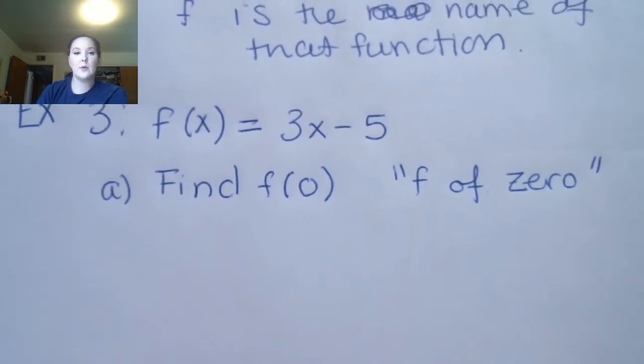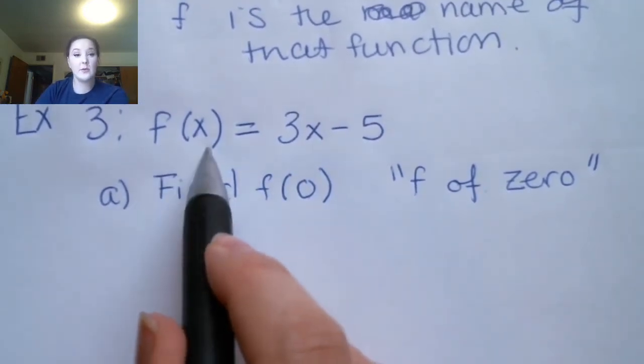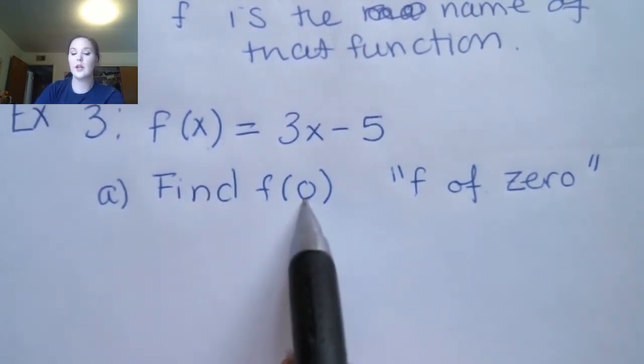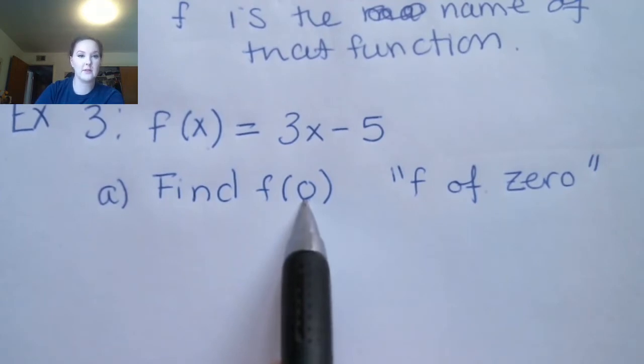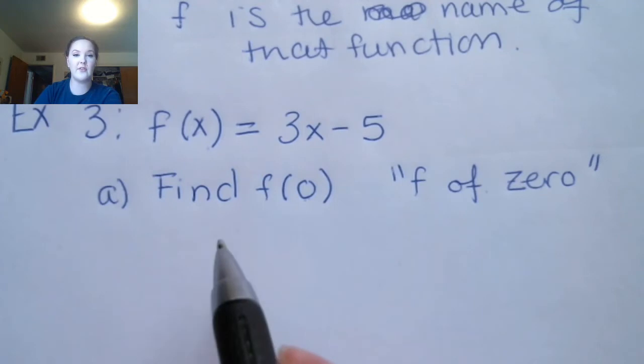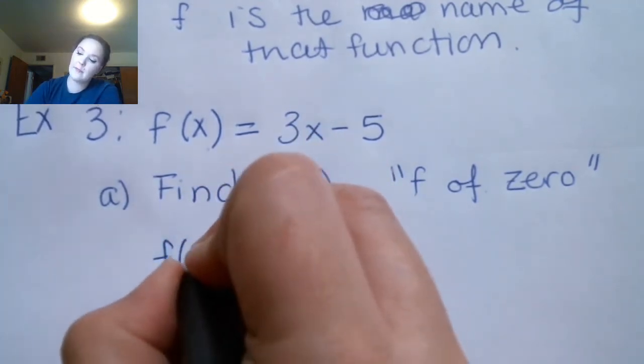You can see that the 0 is here where the x would normally be. And what this is telling you is that you are inputting 0 for x. They want you to evaluate, right, or plug in the function with x equals 0. So that's exactly what we're going to do.